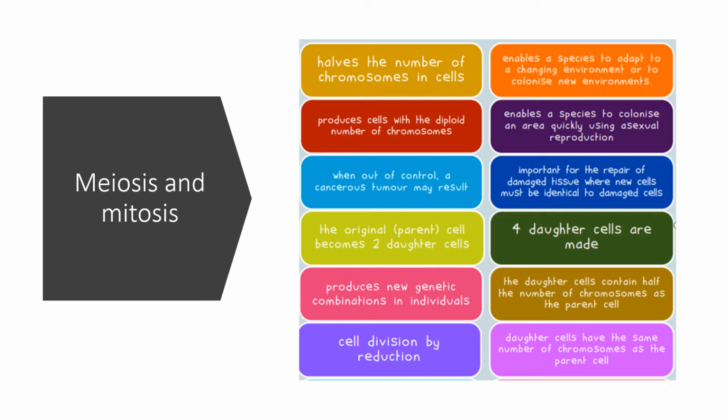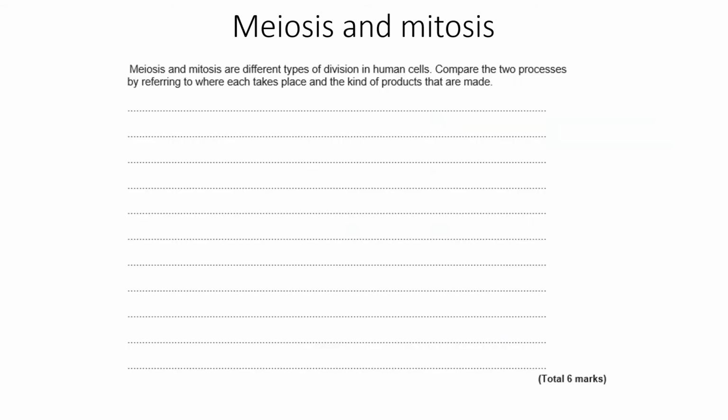In mitosis and meiosis, there are many steps involved. On the right side, you have some steps for meiosis and mitosis. Let's pause the video and find out which one is for mitosis and which one is for meiosis. Here is a 6-mark question. Meiosis and mitosis are different types of division in human cells.